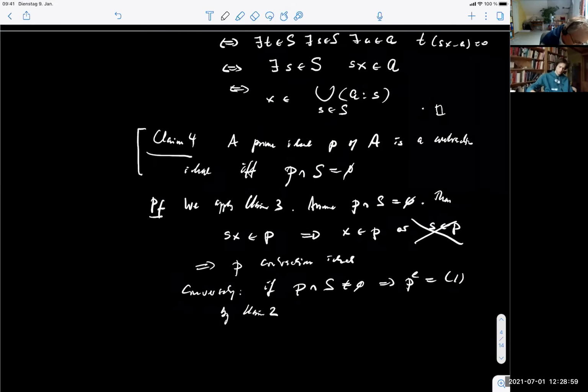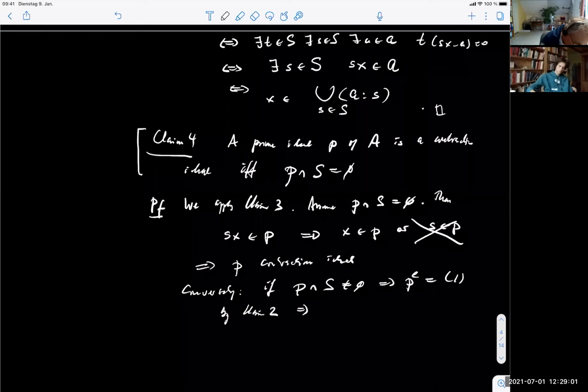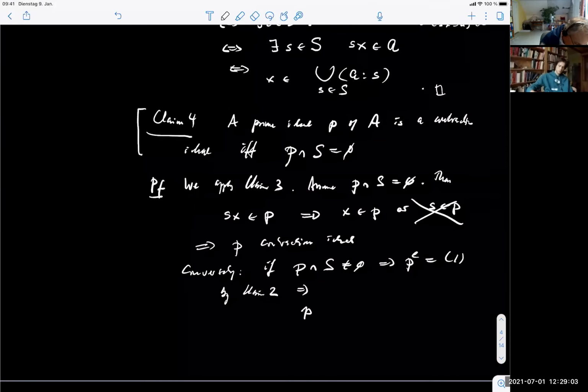Then if I contract the one ideal, it will be 1, and this cannot be P because P is prime. So P is not a contraction ideal. Okay, so this is the claim.